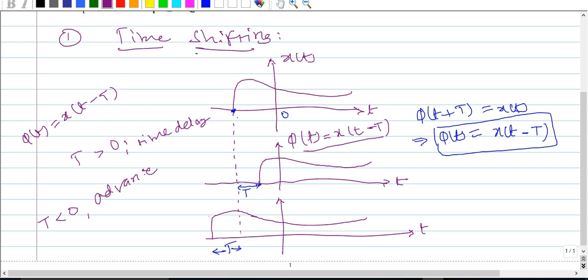So we can write phi of t equal to x of t plus capital T. This is the advanced version of x of t, because whatever is happening at time t will happen in this signal T seconds before.